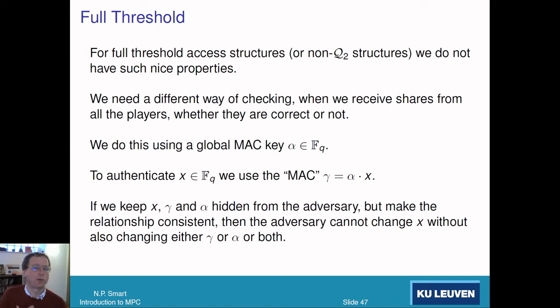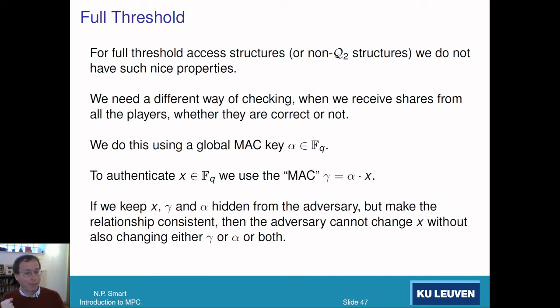So the way we do this is we introduce what's called a global MAC key. We introduce a new way of sharing. Remember that every access structure has many ways of doing a linear secret sharing scheme. So we're going to create a new linear secret sharing scheme, which is going to have this secret global MAC embedded into it.